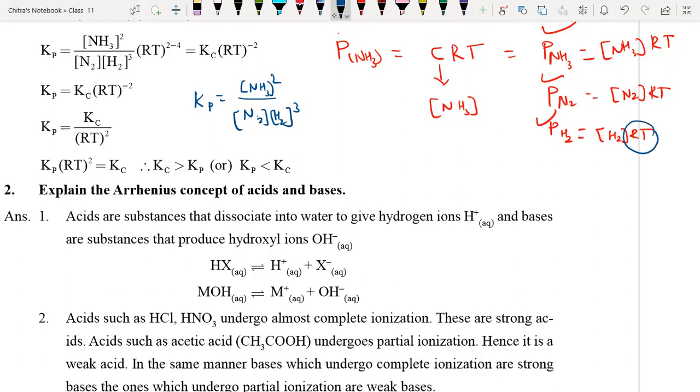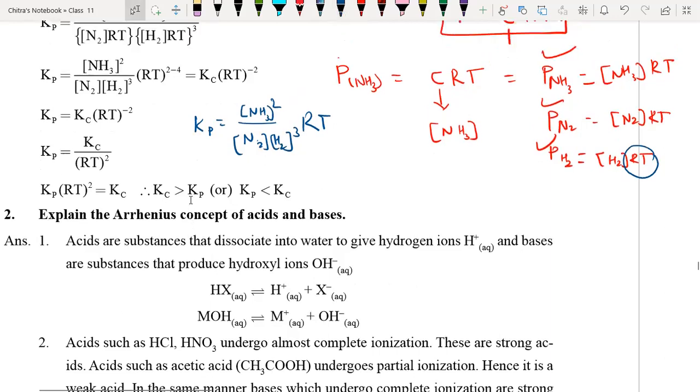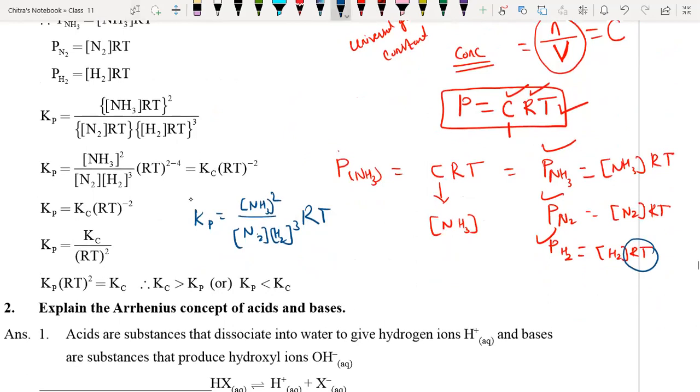It is R into T. This is for the Kp. We have to put individual things here.